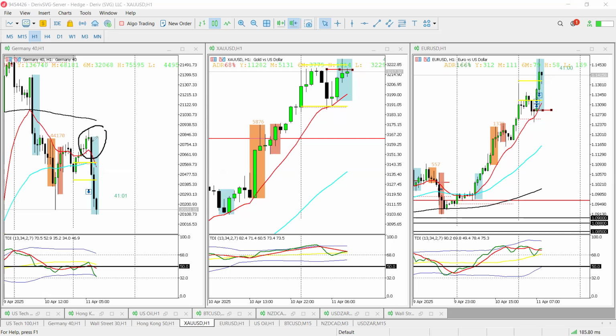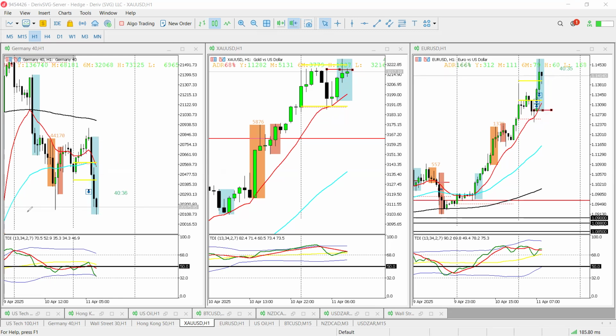So on German 40, I didn't have anything too solid. Although it actually gave a nice sell, my trading edge was not really present on the setup. Same applies to gold. My edge was present, but I resonated more with EU, which led me to trade Euro USD compared to the other two assets.